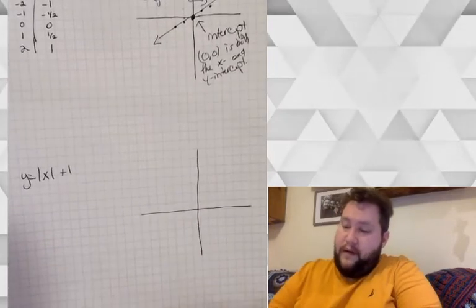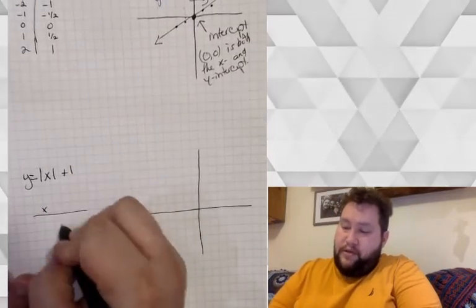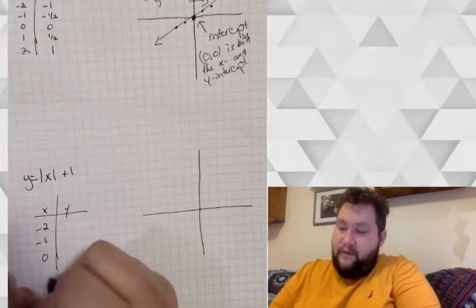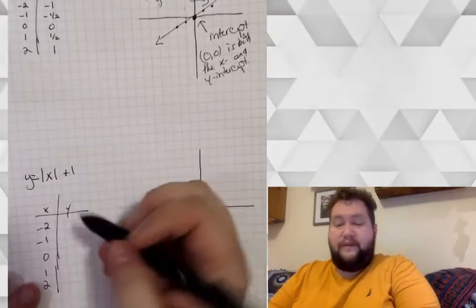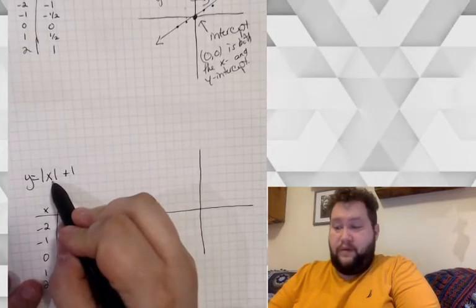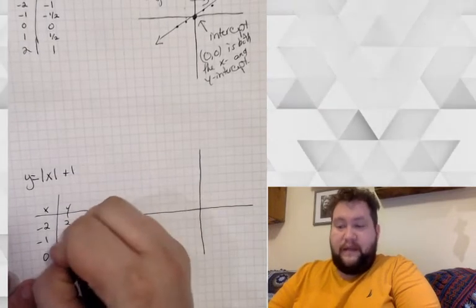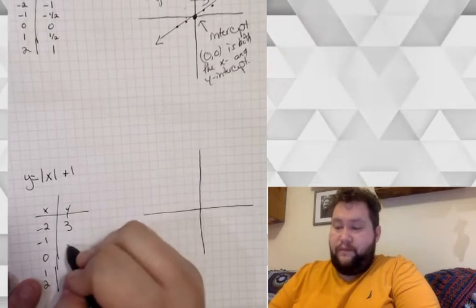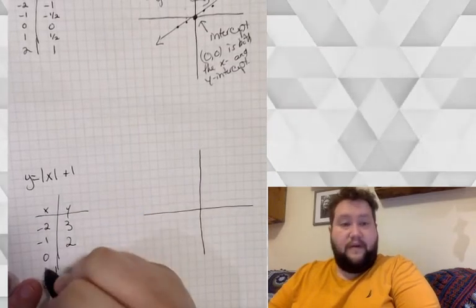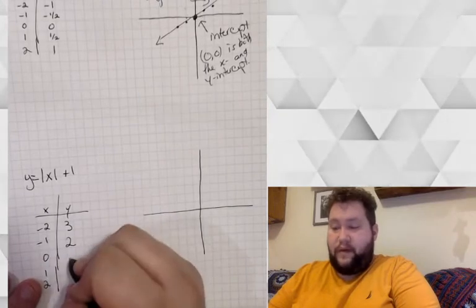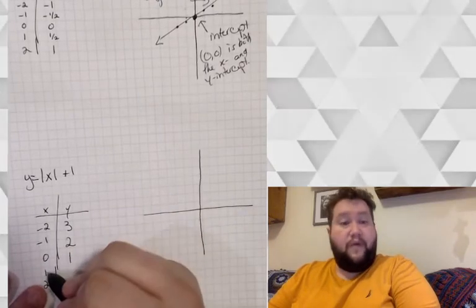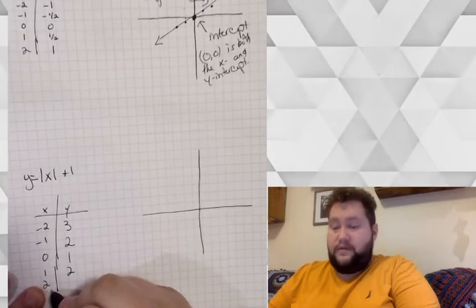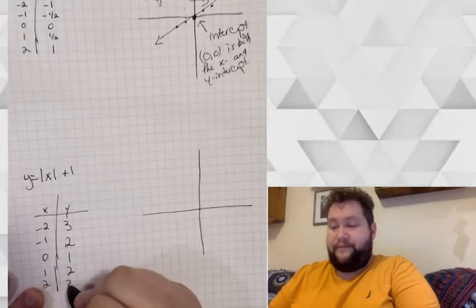And so I'll go to my usual -2, -1, 0, 1, and 2. The absolute value of -2 is 2, plus 1 is 3. The absolute value of -1 is 1, plus 1 is 2. The absolute value of 0 is 0, plus 1 is 1. The absolute value of 1 plus 1 is 2, and the absolute value of 2 is 2 plus 1 is 3.